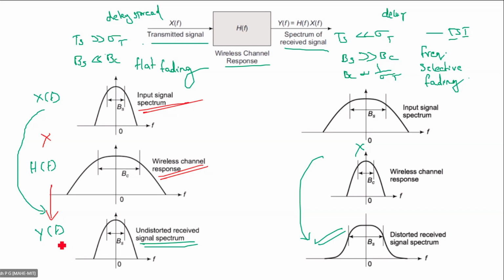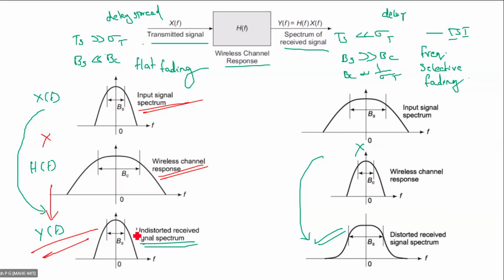If you compare x of f and y of f, there is not much distortion between the input signal spectrum and the output spectrum. It is undistorted, so such a system is called a flat fading channel.